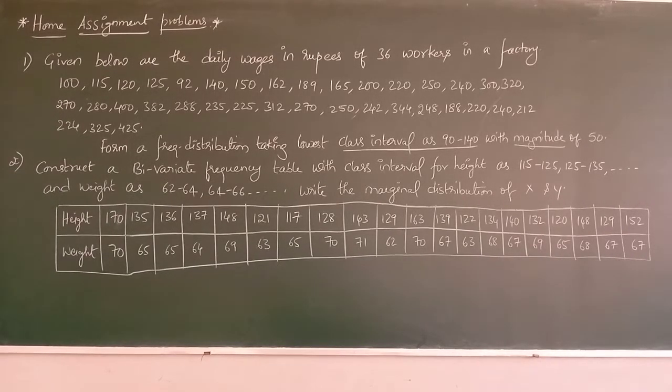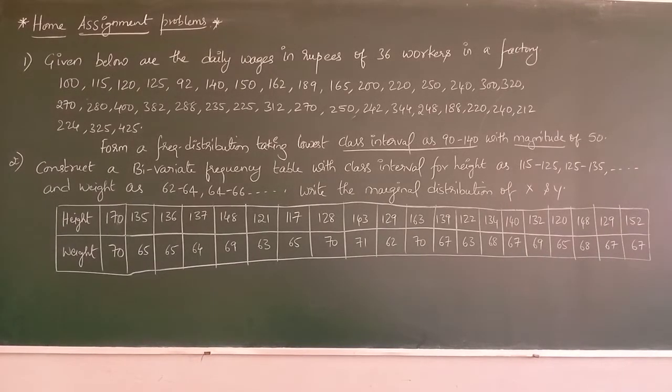Only the format of the class interval is given, with a brief hint about height and weight. Already the class interval from which number you have to start is given in the question itself. You need not worry much. Range is also not required because they have already given the initial class interval. But how many classes the data has to be framed into, that you have to calculate yourself.